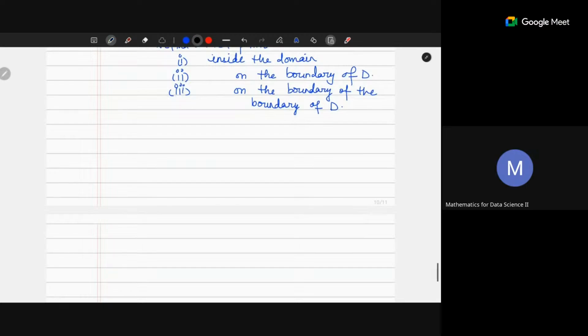For example, consider the graph of the function y equal to x square, and this line, which is y equal to -4, and my domain is precisely the area between these two curves, the highlighted part.